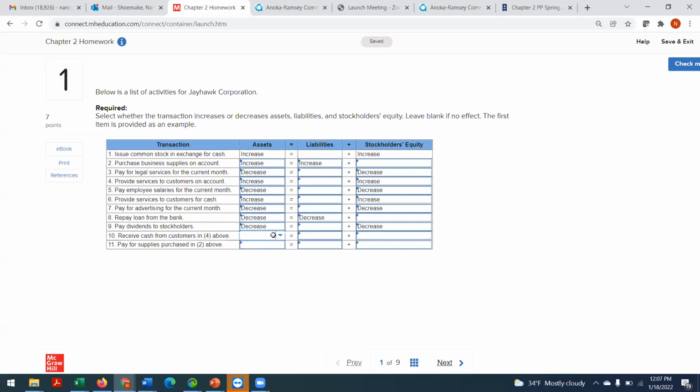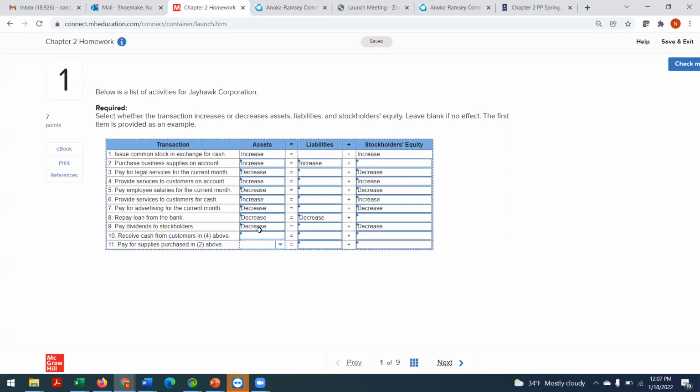Doesn't the cash increase and the liability go down? It's not a liability, though. It's accounts receivable, and it's an asset. Okay, so do you see, guys? Nothing's going to change. The assets are going to stay the same because cash goes up and accounts receivable goes down.